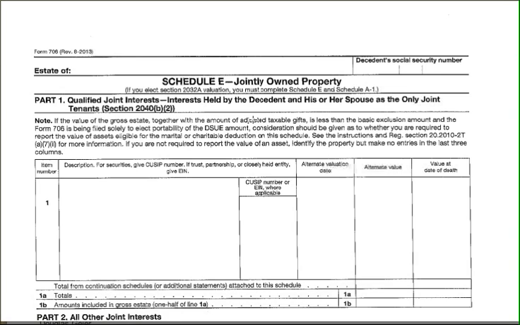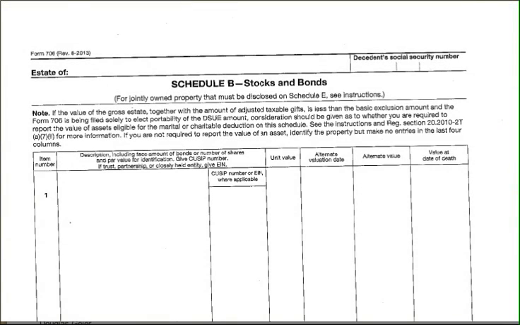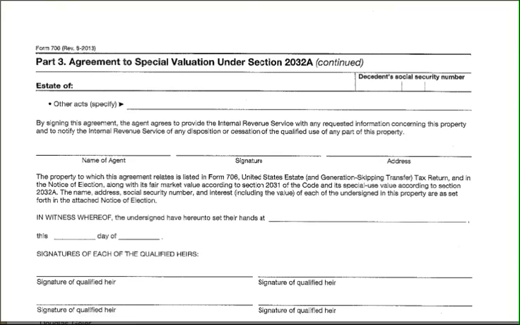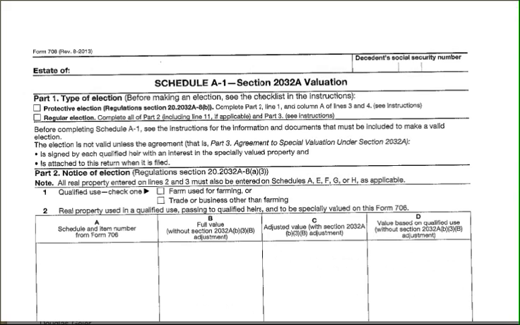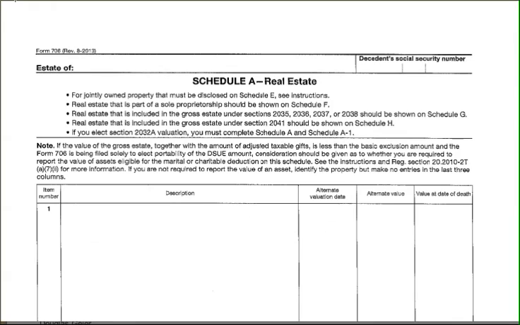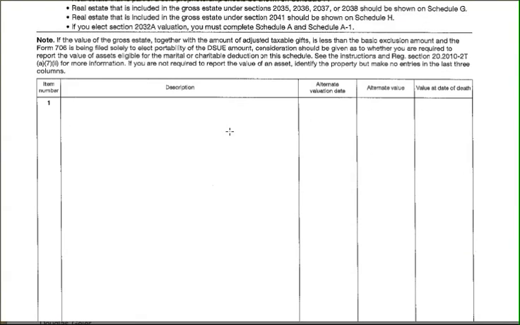So, for example, if there's non-recourse debt related to an asset belonging on, say, Schedule A, let's go back to Schedule A. Then that debt, in this section here, when you include whatever that asset is on Schedule A, the debt is reported with the asset on that same schedule.